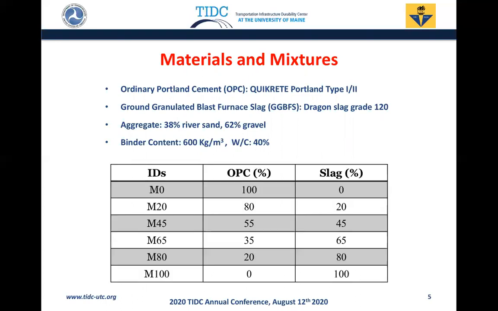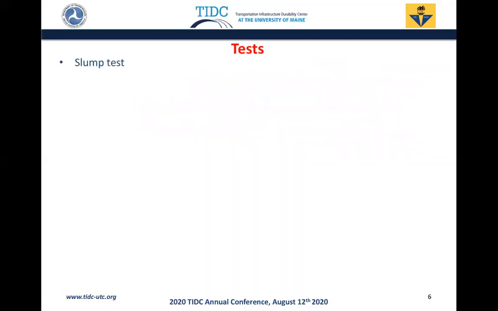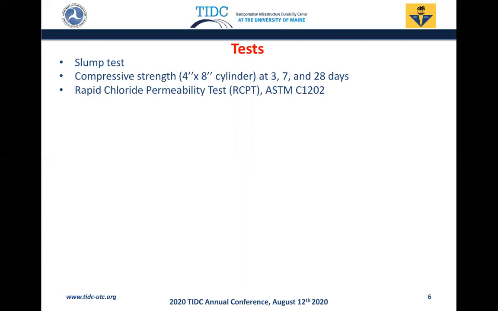And we have 6 different batches with different slag replacement starting from 0 to 100%. Here we have 3 tests in this presentation: a slump test, compressive strength on 4x8 cylinders at 3 different ages, 3, 7, and 28 days, and RCPT test as an index for durability.